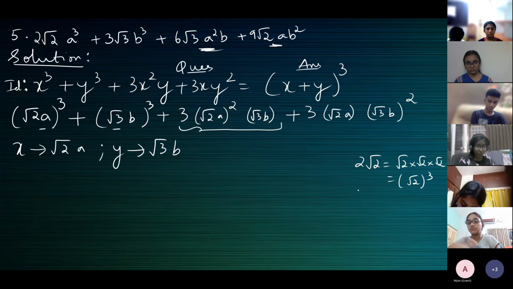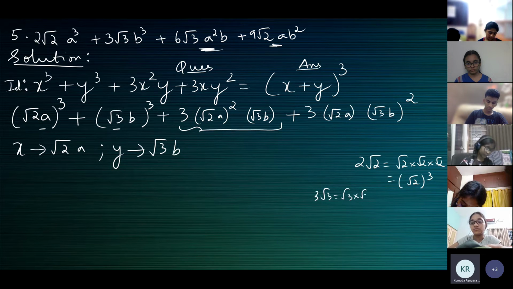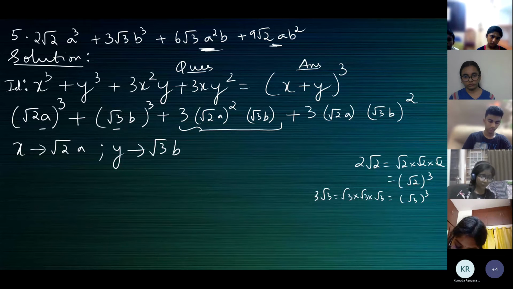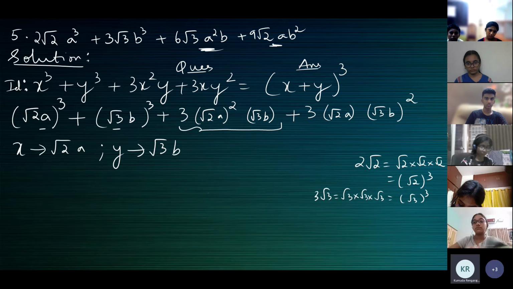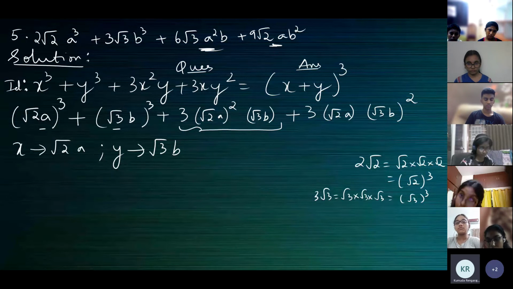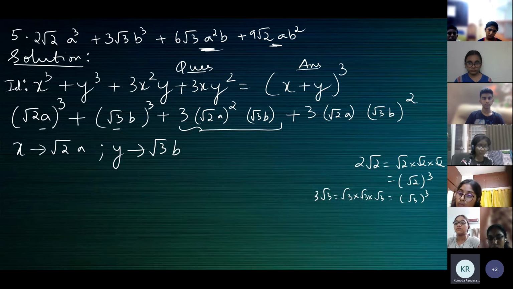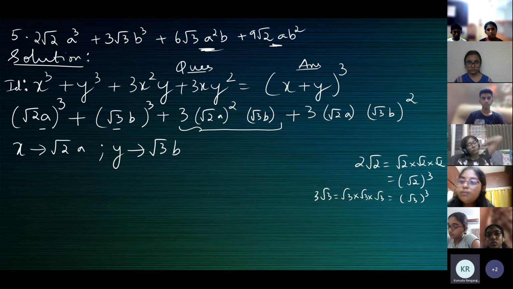I had also written 3 root 3 here, which is root 3 into root 3 into root 3, which is root 3 the whole cube. So now we have presented the given expression in the form a cube plus b cube plus 3a square b plus 3ab square. So the answer is x plus y the whole cube.